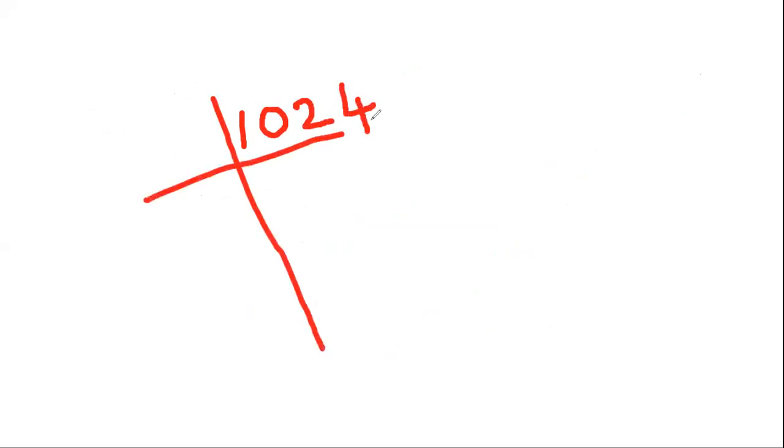Let's take the number 1024. 8 ones are 8, 2 carry 22. 8 twos are 16. 8 threes are 24. 8 nines are 72. So the carry forward will be 2.